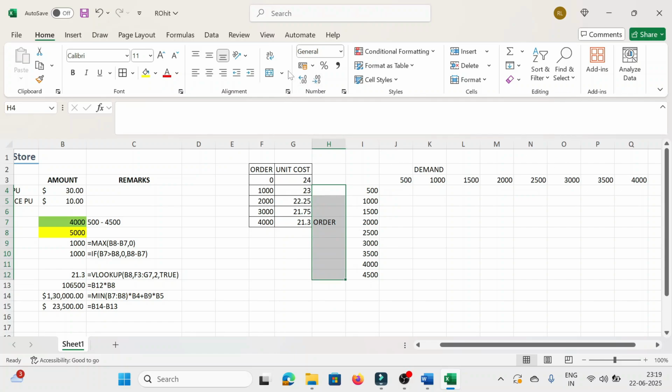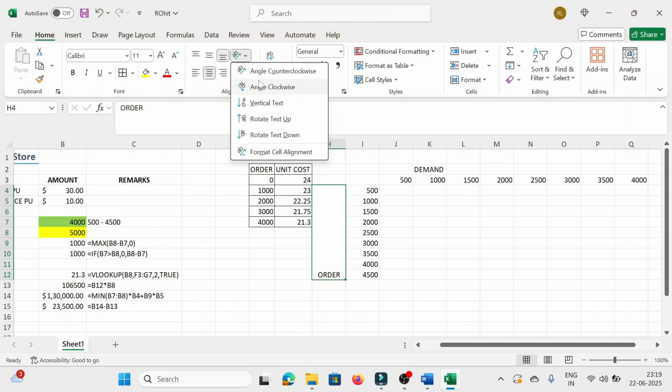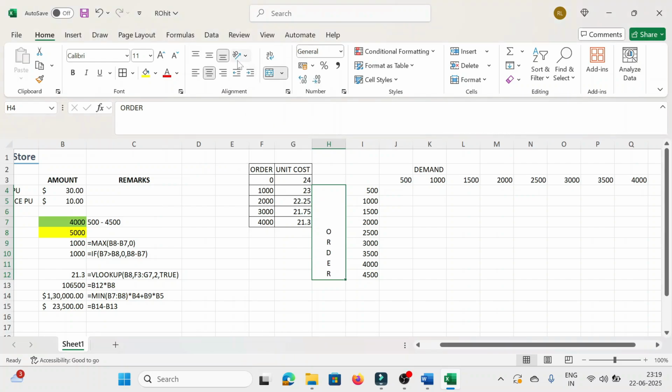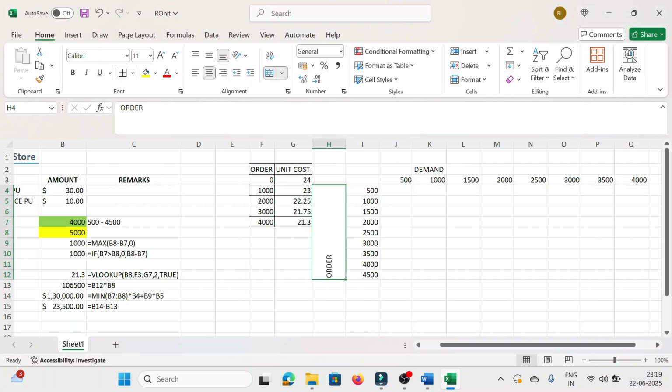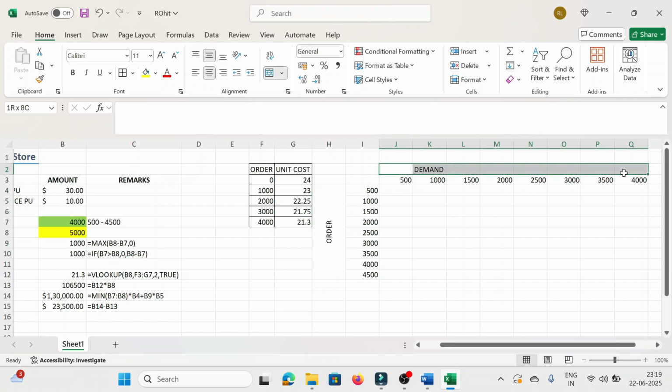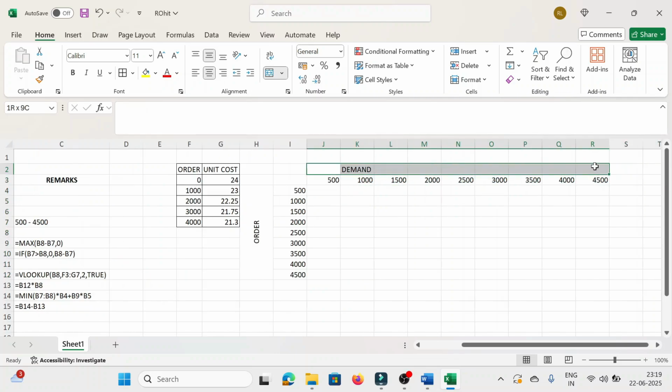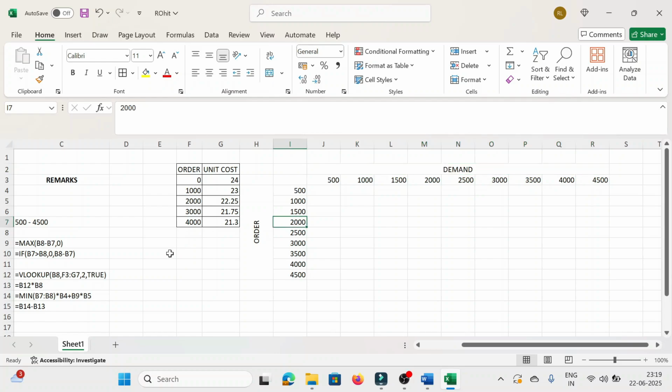So I am just merging and centering it and I will again align it to vertical text. I will make it center. Same way I will just center this and I will make my table more attractive.